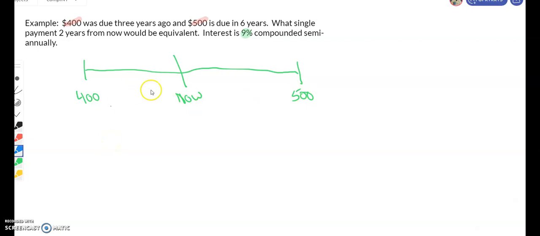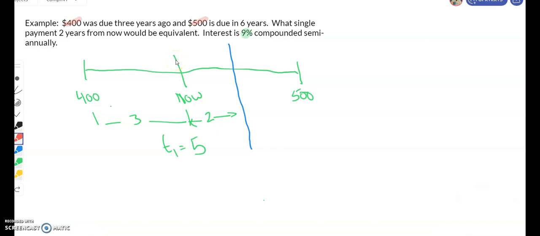Now, all our money has to be paid 2 years from now. So we need to remember that it was 3 years from 400 to now, and another 2 years from now to when the money's being paid. That means that our T1 is equal to 5.